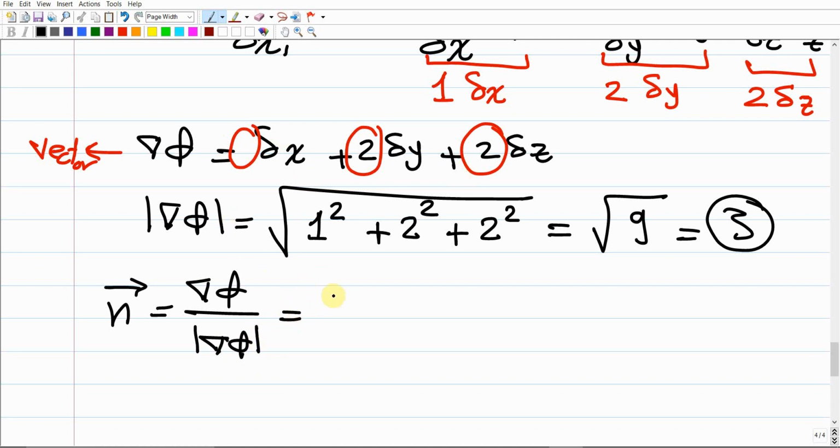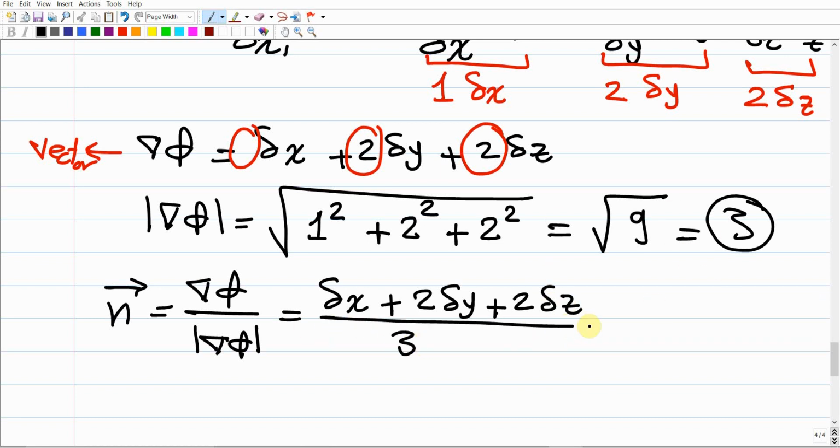This term we got as 1 delta x plus 2 delta y plus 2 delta z divided by this magnitude that we already got, divided by 3. So we can simply write this one as 1/3 delta x plus 2/3 delta y plus 2/3 delta z. Make sense?